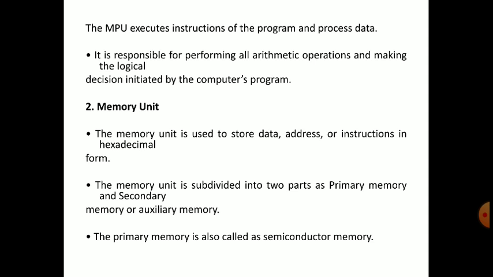In hexadecimal, there are 16 different numbers or signs from 0 to 15. We have 0 to 9, and then 10 is represented as A, and B, C, D, E, F. The data or address we have will be represented in this hexadecimal form.